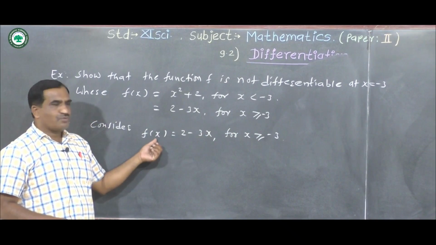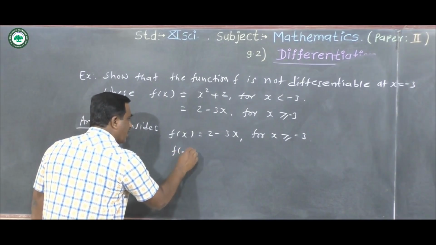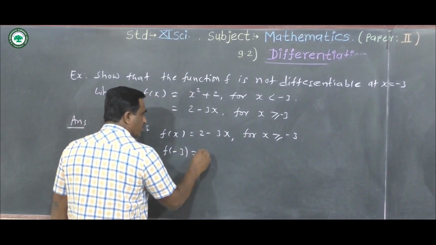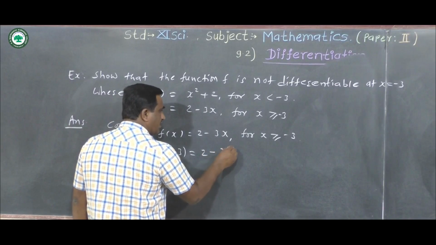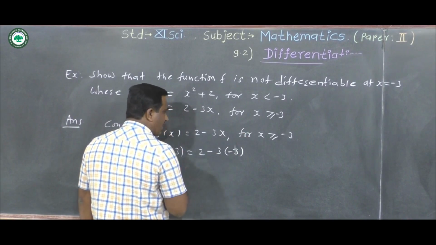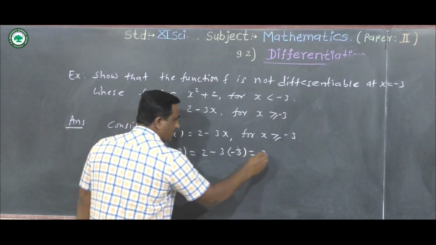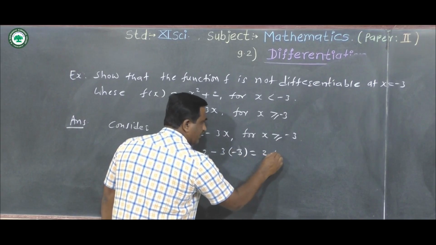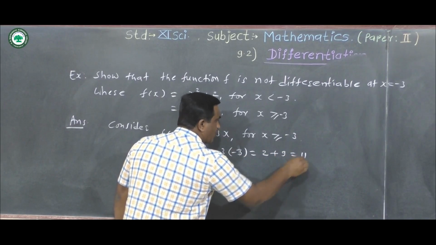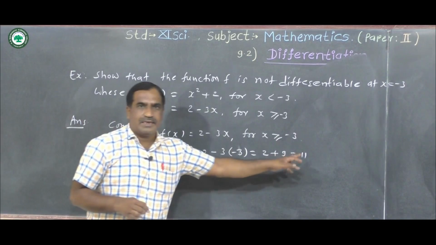Therefore put x is equal to minus 3 in this equation, then we can write f of minus 3 is equal to 2 minus 3 into minus 3, which is 2 plus 9, that is equal to 11. That is, we get the value of f of minus 3 is equal to 11.